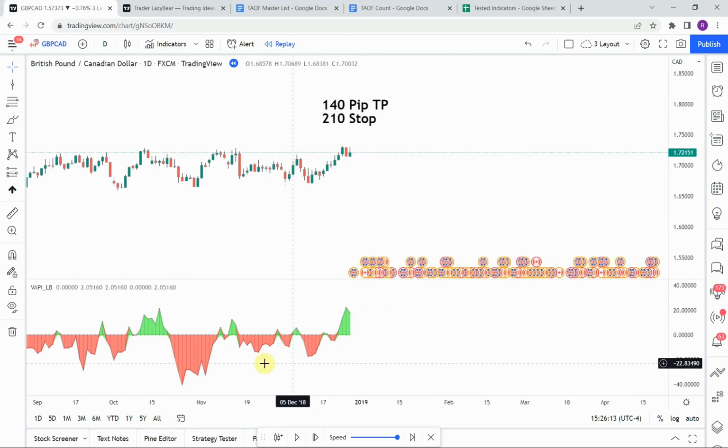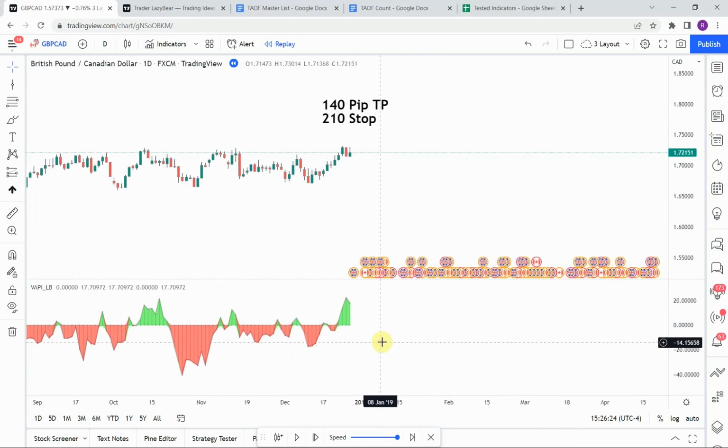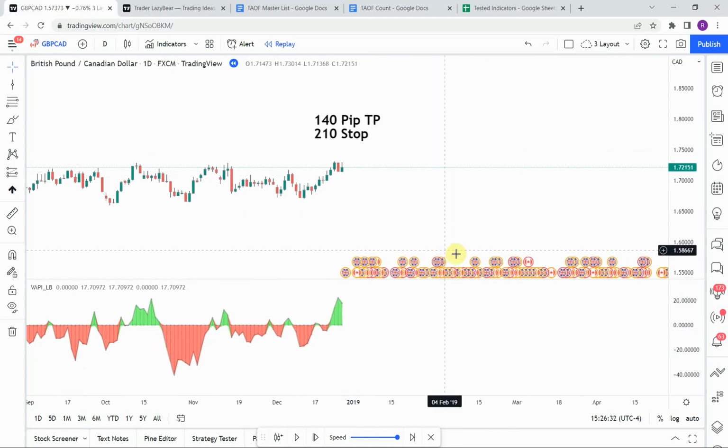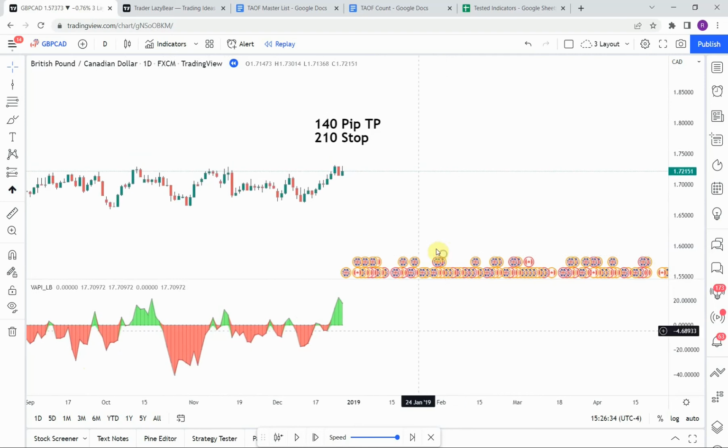So what we're looking for is when that line crosses up above and the background turns green, we are going to go long. When that line crosses down below and the background turns red, we are going to go short. So pretty simple setup. Seen this many times before. Let's go ahead and get on with the testing and see what we can get out of it.